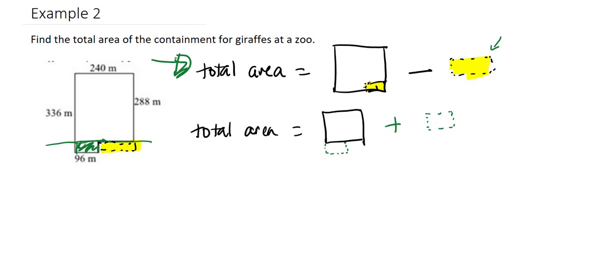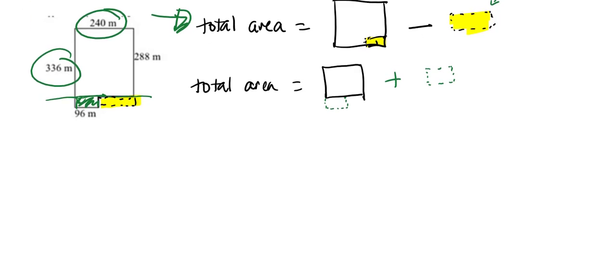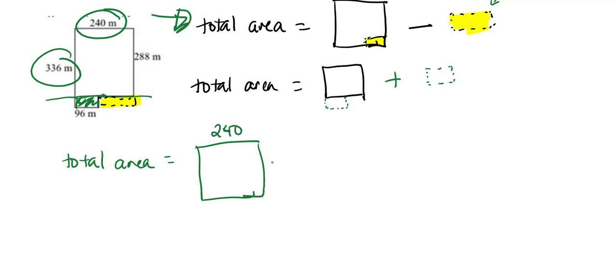So what we're going to do is find the total area of this large rectangle, which is 240 by 336. So we can say this is the length and this is the width. And then we're going to go ahead and subtract the small little part.